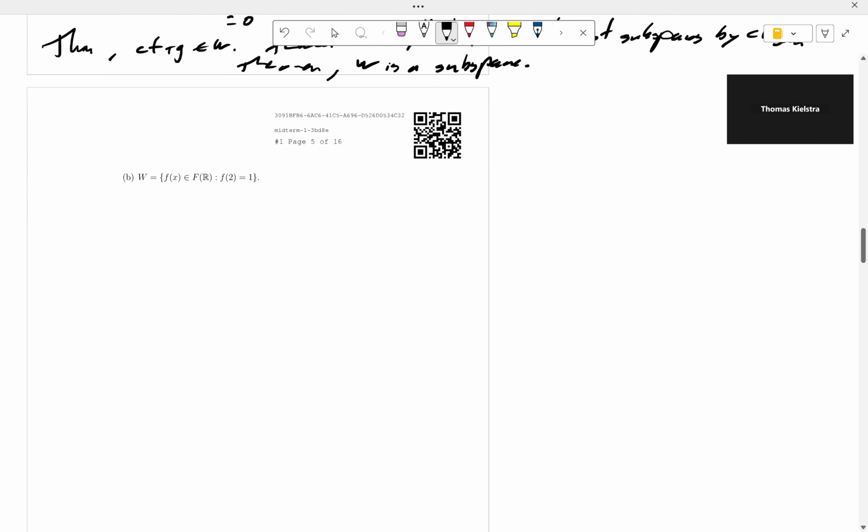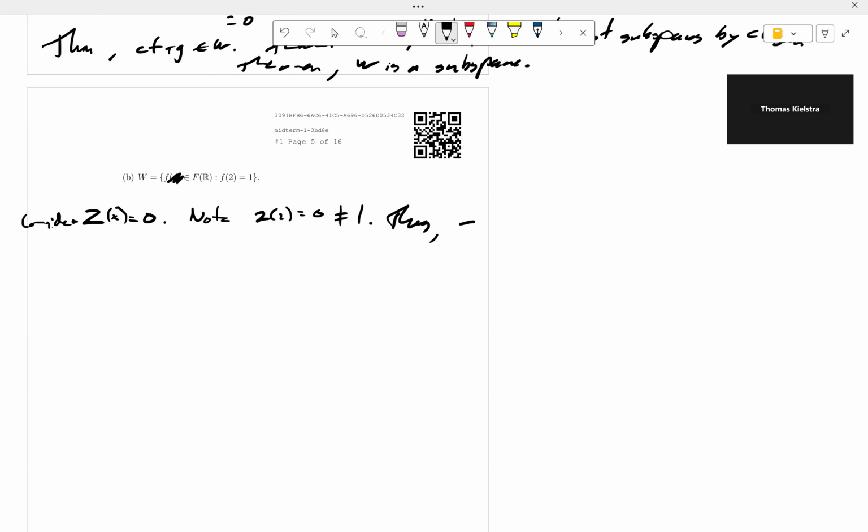In this set here, I'm given the set of real valued functions such that f of 2 equals 1. Now here, if I look at z, consider z of x equaling 0. Note z of 2 equals 0, which does not equal 1.